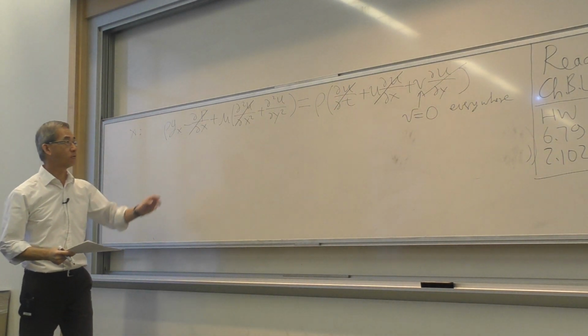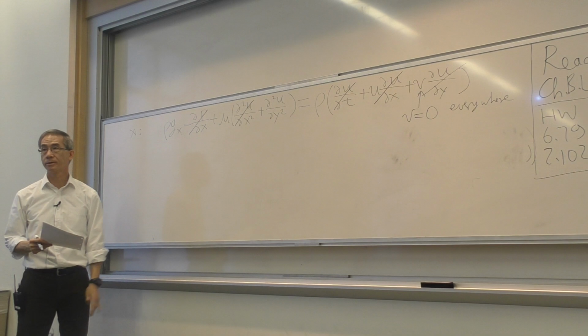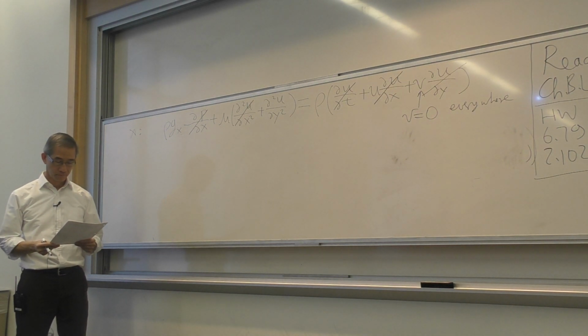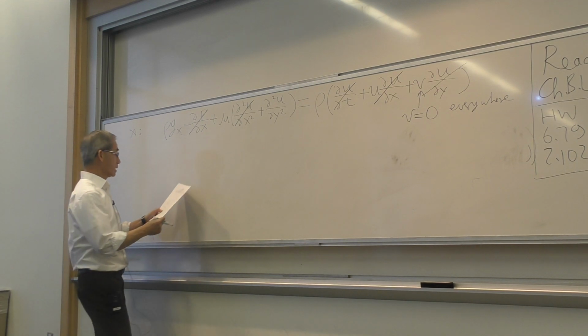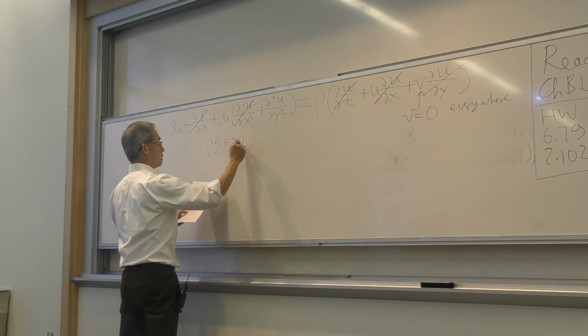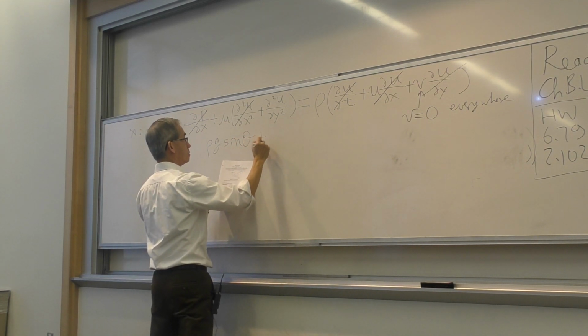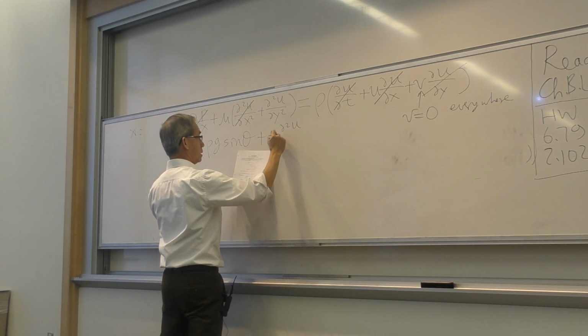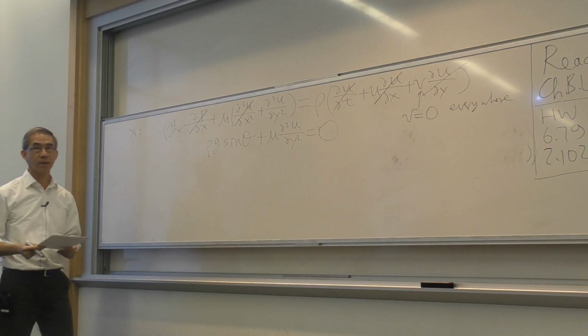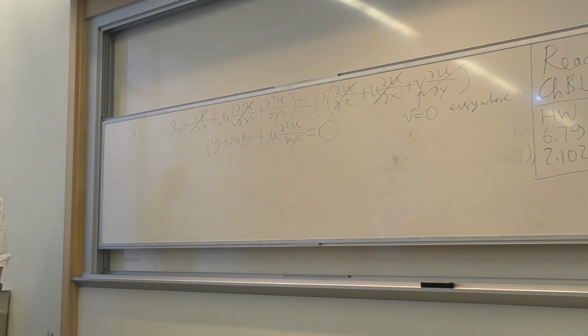Do I have to go through again how our other terms disappear, which we did last lecture? So from the x momentum equation, what remains is simply this term. And that's where you're supposed to leave the answer.